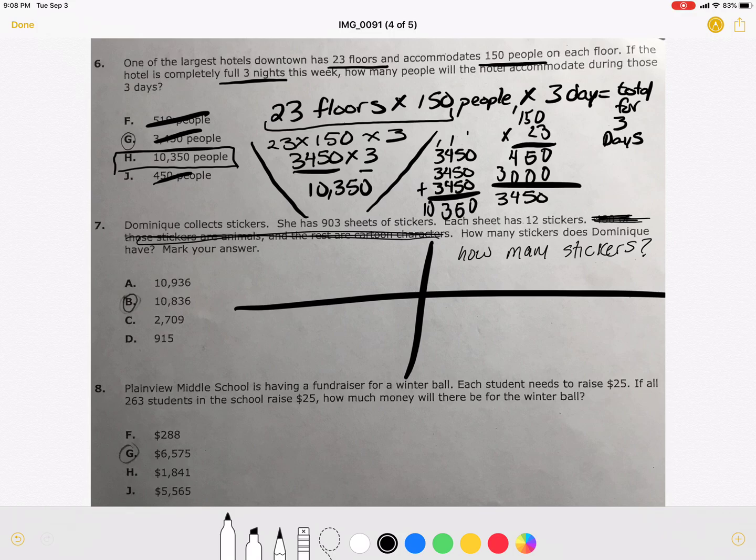So we know that she has 903 sheets and 12 stickers per sheet.